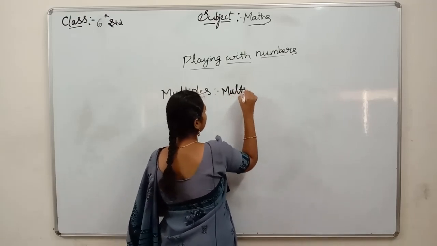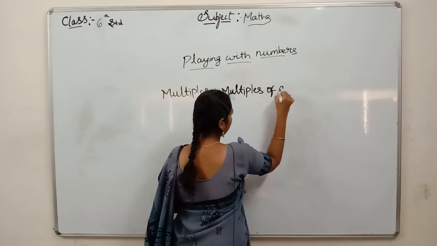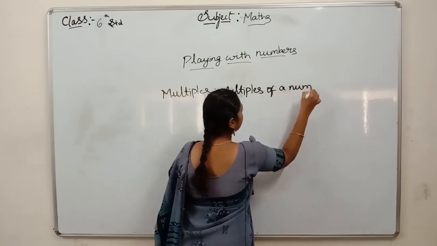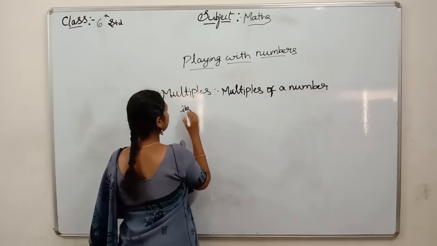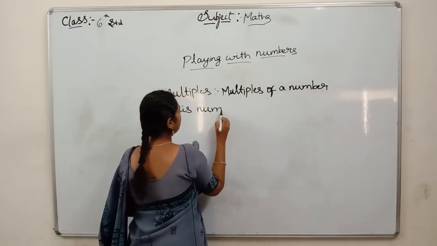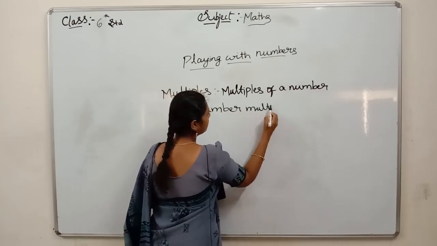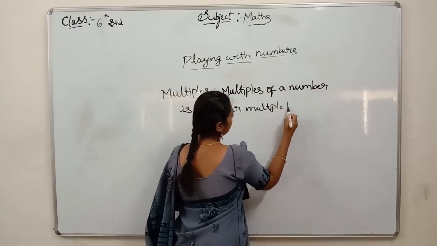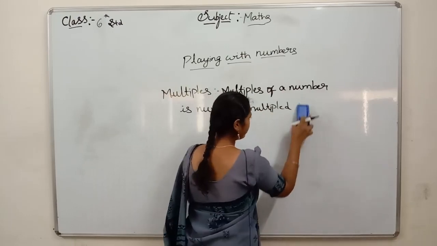Multiples of a number is a number multiplied with natural numbers.